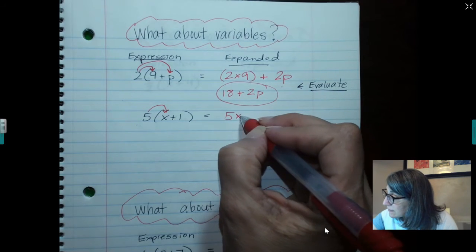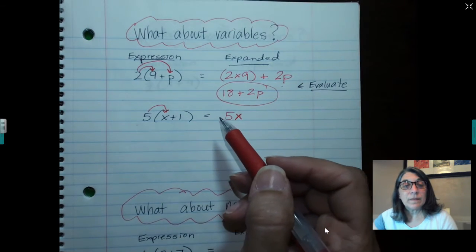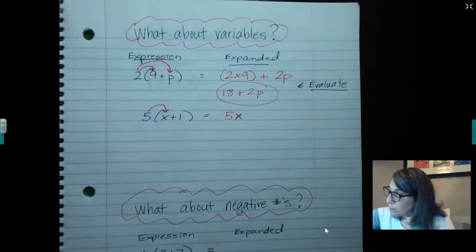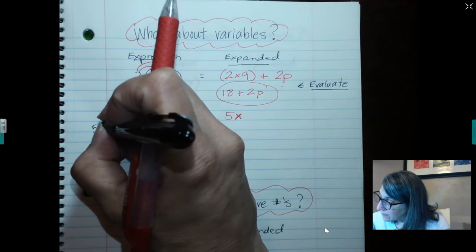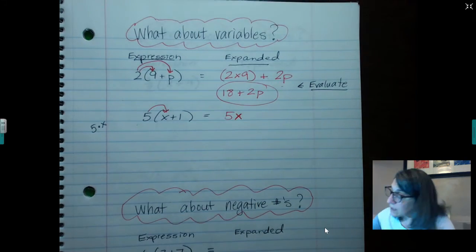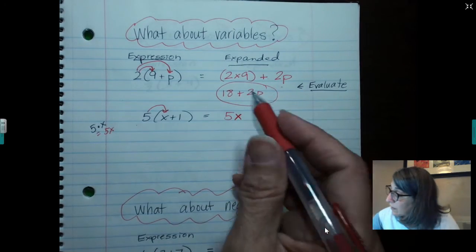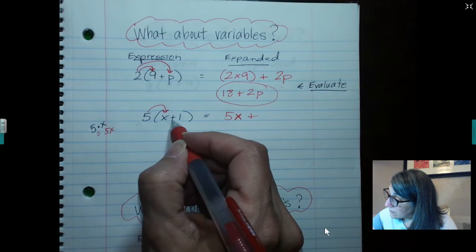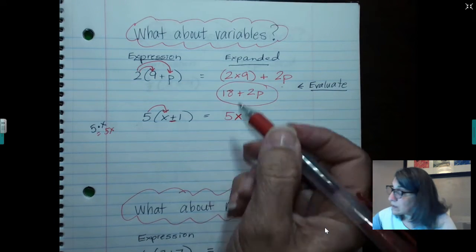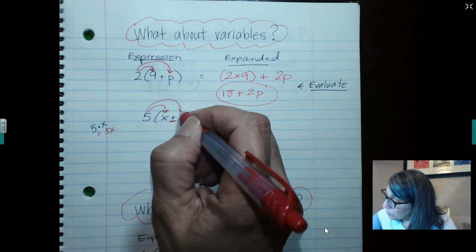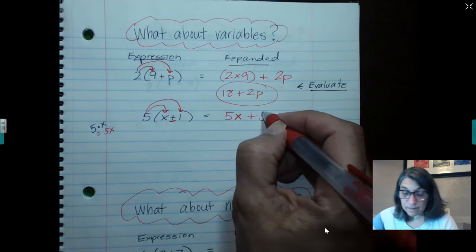Isn't 5x all I need to write? Because if I come over here to the side and do 5 times x, that's just the same as 5x. Yeah, so that's all I'm going to do there. Okay, and then plus, because this is an addition expression, 5 times 1, which is 5.